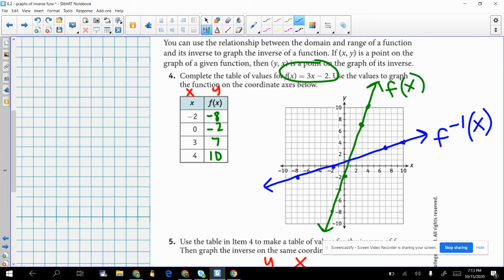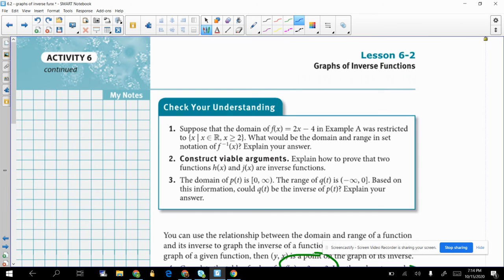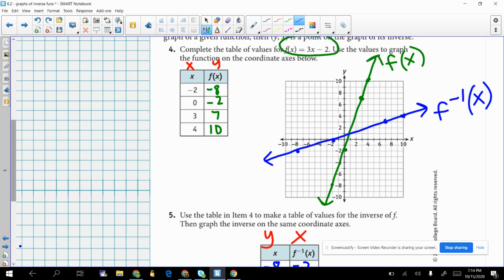Now number 4 is going to ask you, what do you notice or what do you think the line of symmetry is here? So what do you think the line of symmetry might be here? This is actually kind of tricky, but it's that perfect diagonal line, and that perfect diagonal line is y equals x. Because it has a y-intercept of 0, and that's where it would start, 0, 0.